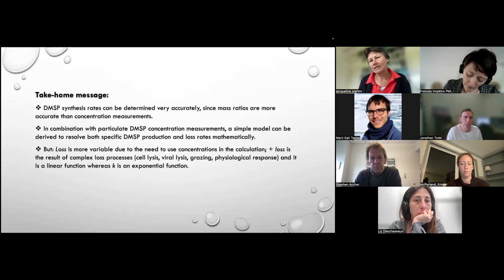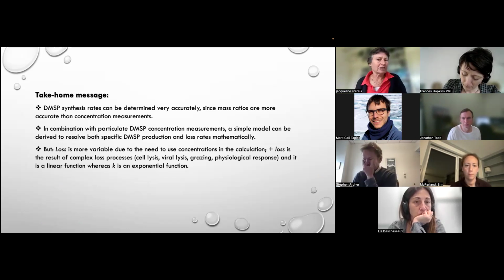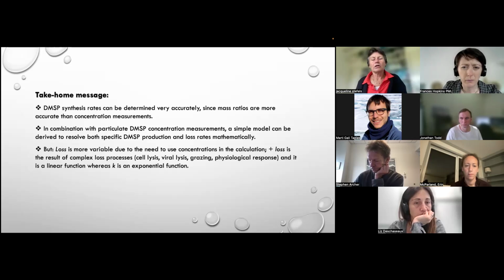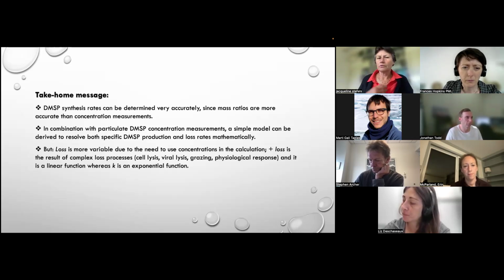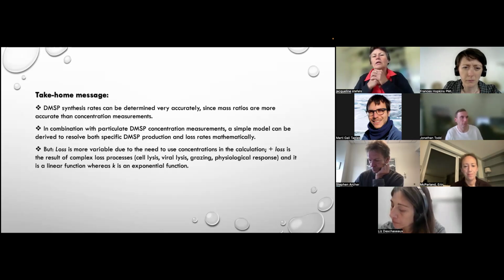Then the old problem comes back again, that you have to do that neatly, and concentration measurements need to be very accurate. Then you can get a simple model in combination with the ratio measurements, and then you can in fact solve both the production rates and the loss rates mathematically.